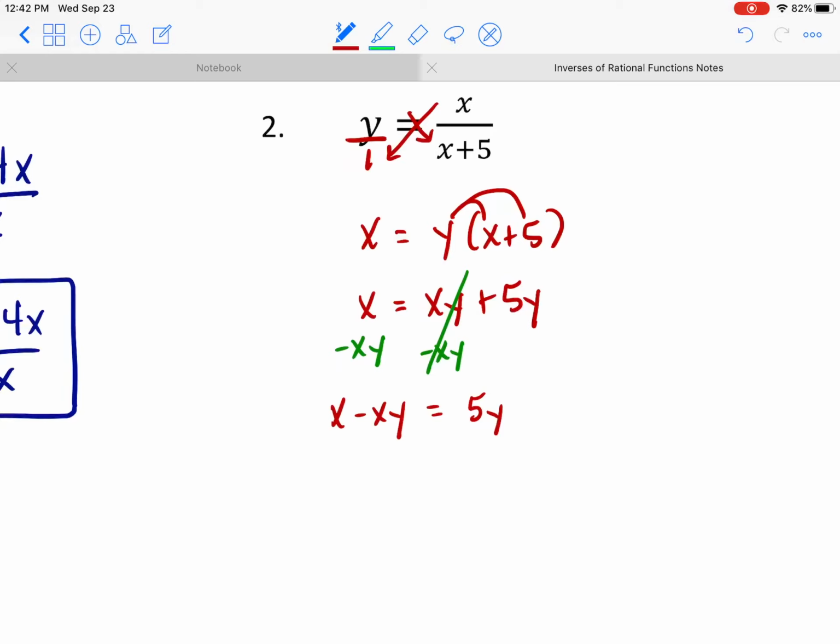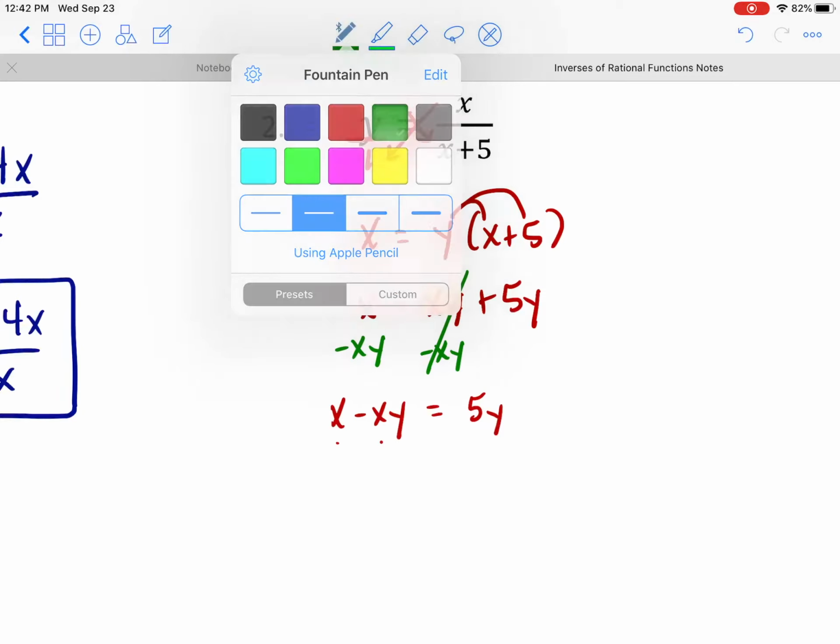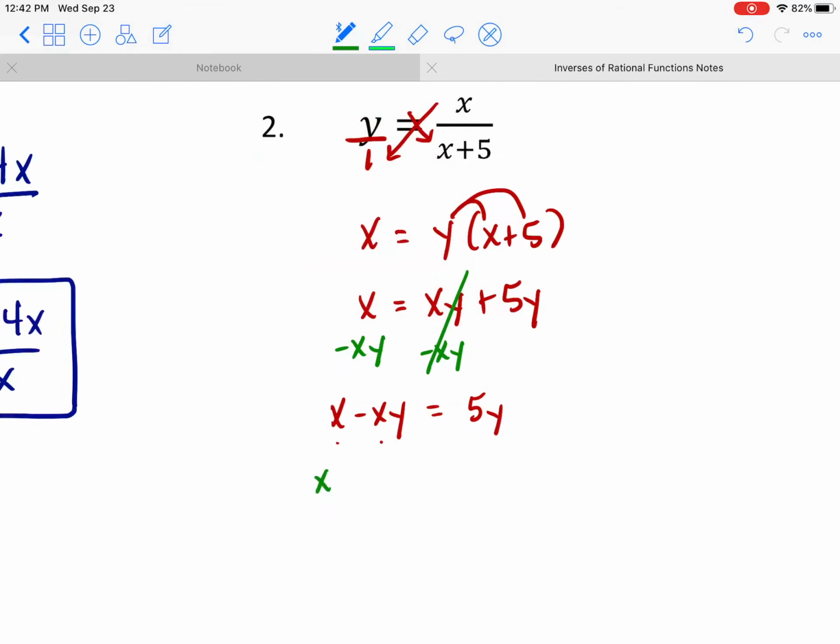Okay? Now why do I want this to be the case? Well, because if these two terms have an x in common, then what I can do is factor that x out. If I factor out the x they have in common, what's going to be left? Well, x divided by x is going to put a 1 here, and then negative xy divided by x is going to leave me a negative y here. Okay?